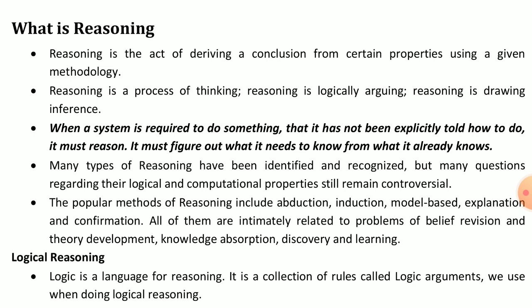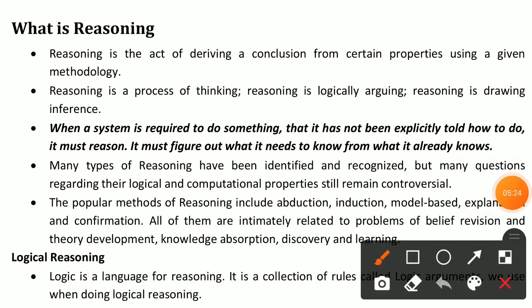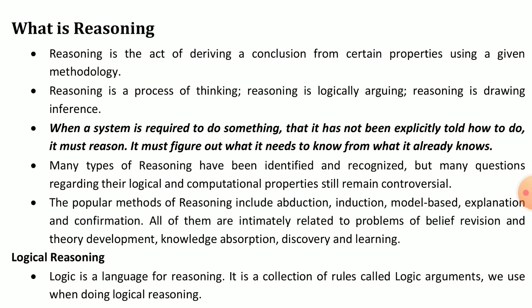and the popular methods for reasoning include abduction, induction, model based. Here some basic methods are given. Popular methods of reasoning. Okay, first is abduction, second is induction, third is model based, fourth is explanation, and fifth is confirmation.